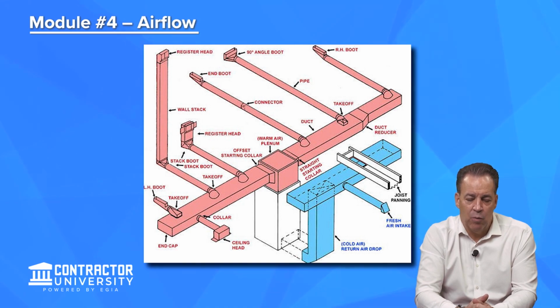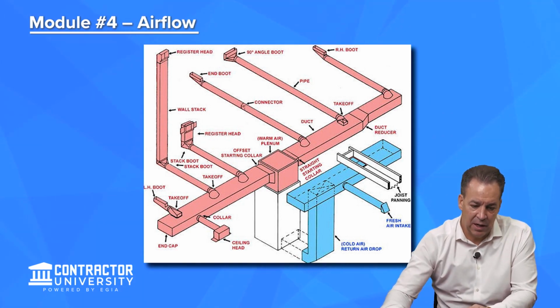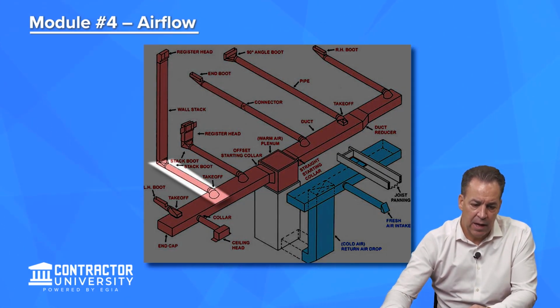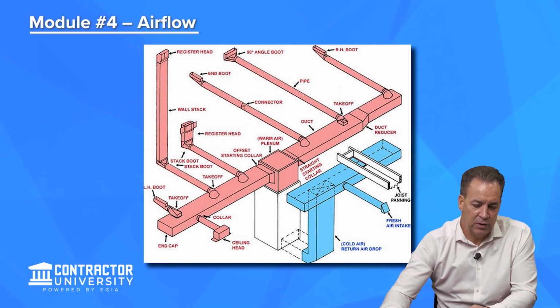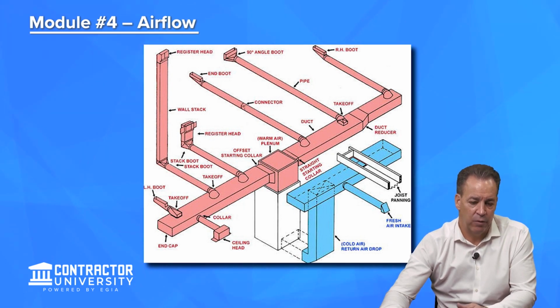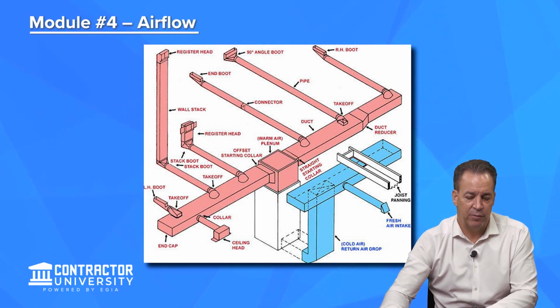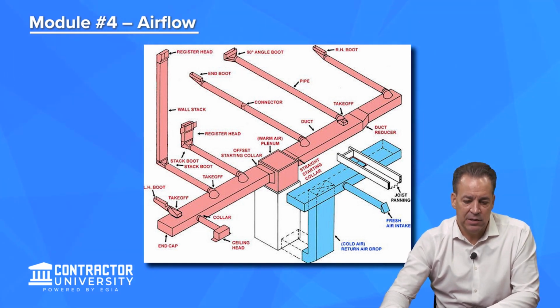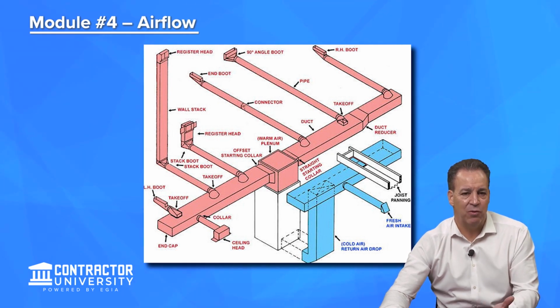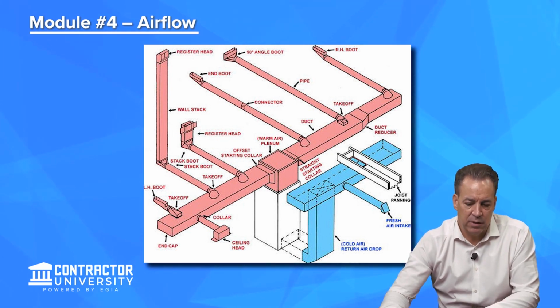The one item going up the wall is a run out, or a supply run out, that goes up into a stack or stack head to a register in a sidewall on the second floor, or this could be a high sidewall on the first floor, depending on how the house is laid out. But this is typically how you see a duct system laid out within a house. This is kind of like the skeleton, if you will, of what a duct system looks like.